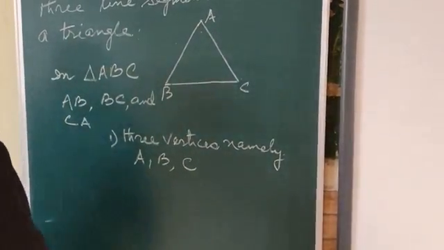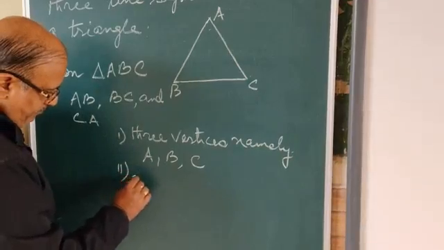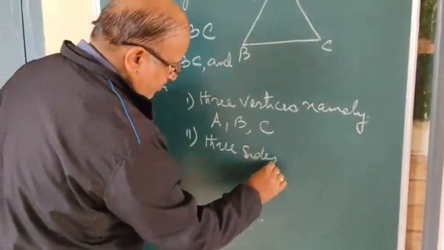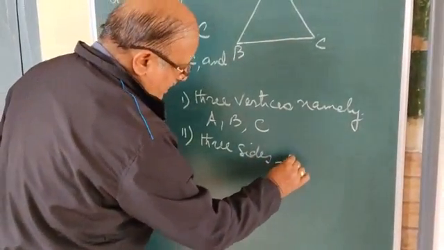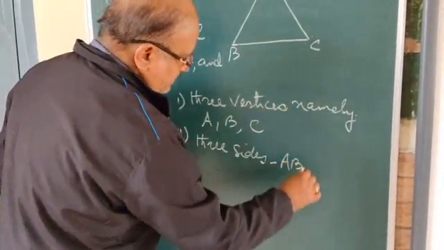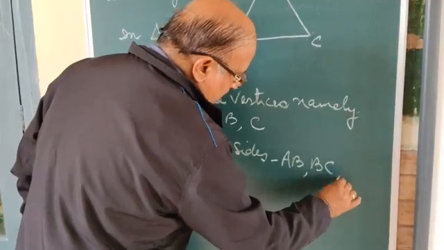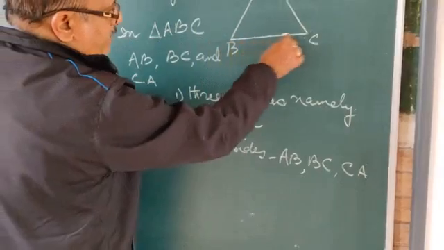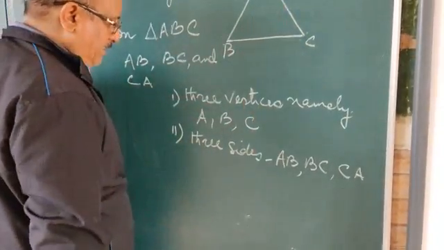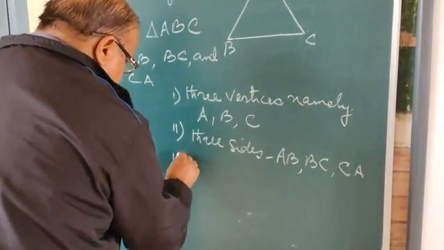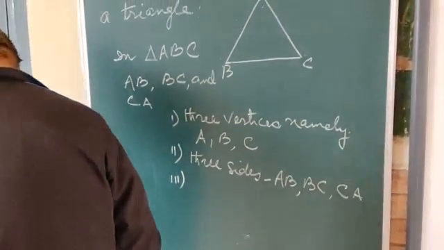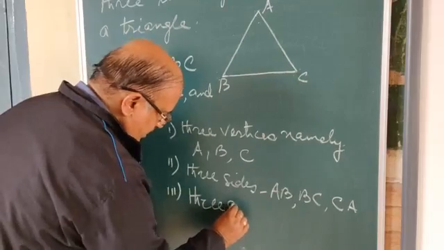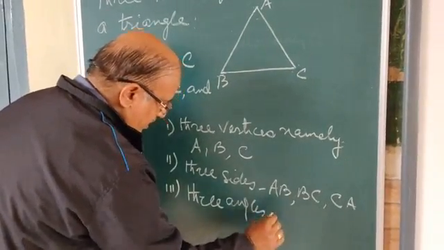Then it has three sides, namely AB, BC and CA. Next, it has three angles.